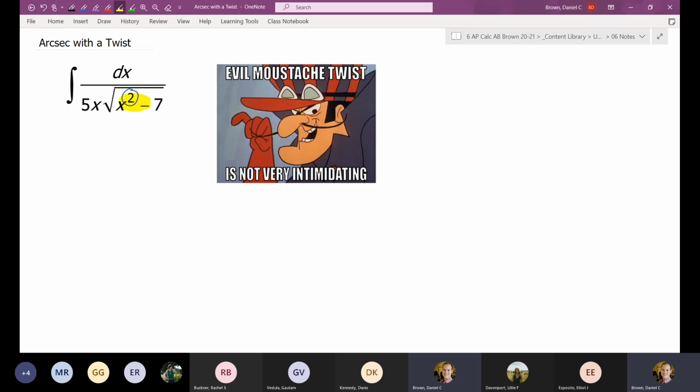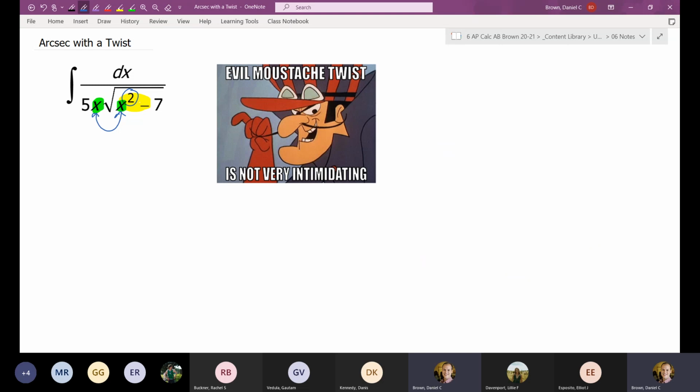The other thing that has to be true for arcsecant is that whatever is being squared has to match exactly on the outside. So yes, we see that 5x on the outside, but what's really making this an arcsecant problem is that we have x squared and that x is on the outside of the problem.